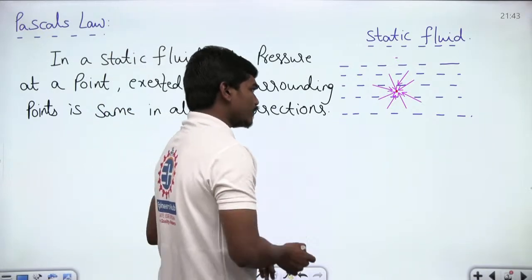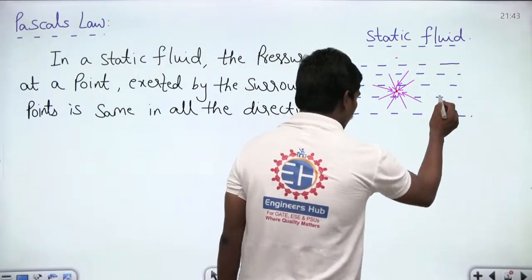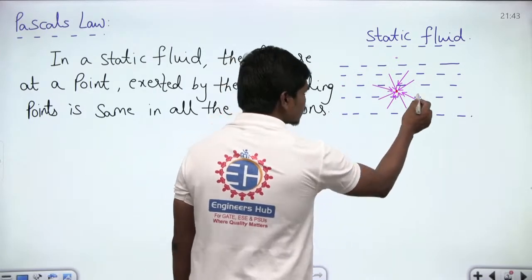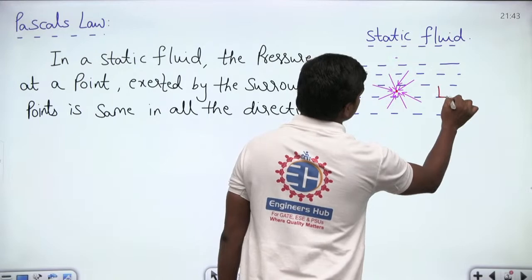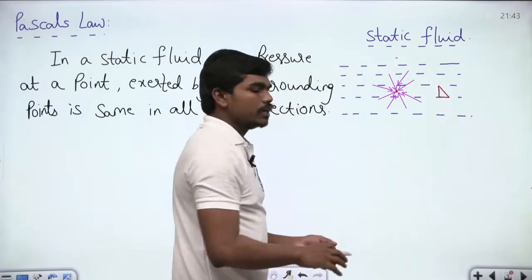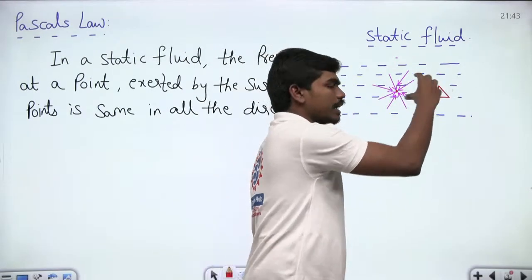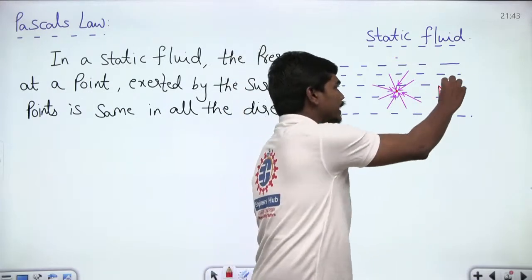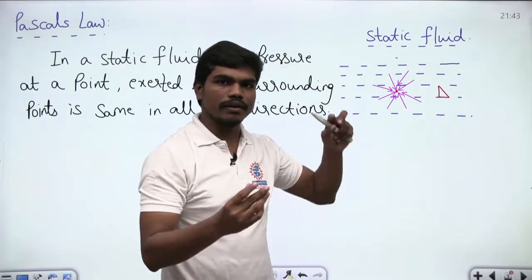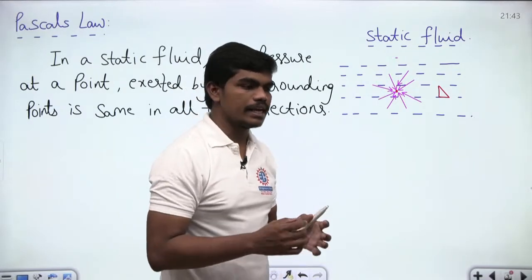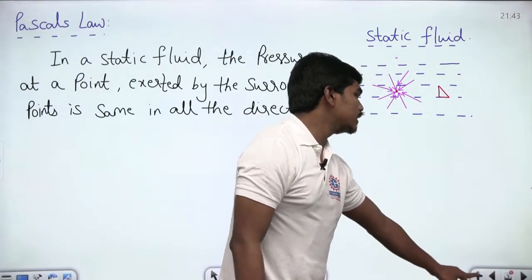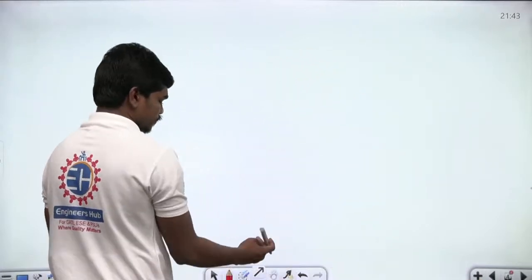To identify this, let us take a small wedge inside this, a fluid wedge. It is a triangular prism basically. I will show you that if that fluid prism shrinks to a point, then the pressure from all the directions will be equal. This is what I want to show you. Let us try to identify that.